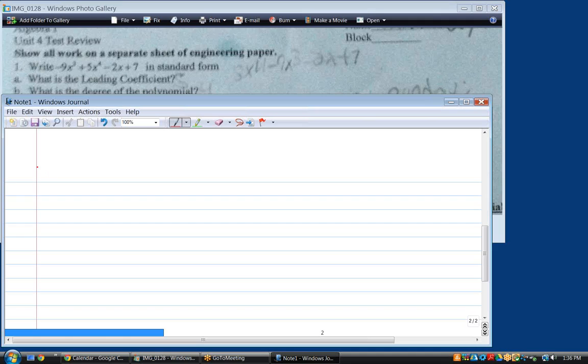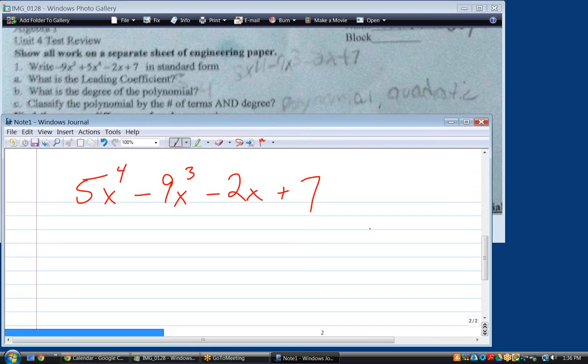Yes. Make sure you bring the sign. It's minus 9x to the 3rd. What's the leading coefficient? Wouldn't that be 5? What's the degree of the polynomial? I forget the name for them, but it's 4. Well, the degree of the polynomial is 4.